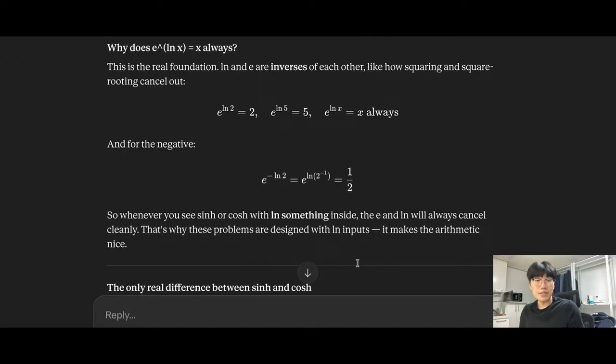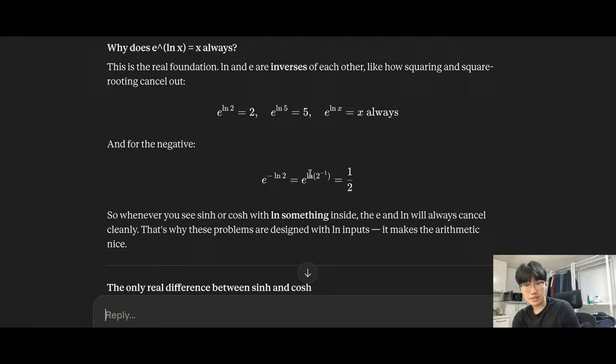And for the negative, e^(-ln 2) equals 2 to the power of minus 1, which equals 1/2, 0.5.